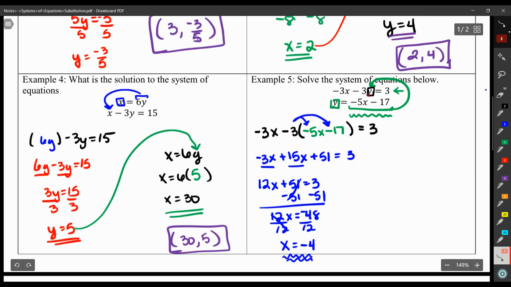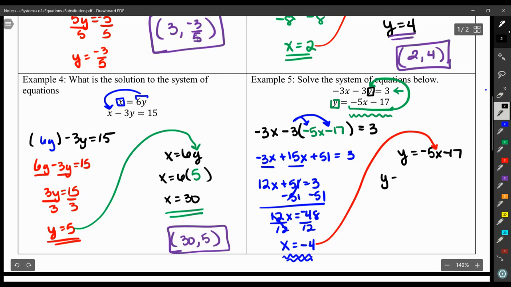And if we look at our original problem, we have that y is the same as negative 5 times x minus 17. So I can use this to help me find the value of y. So now we're going to take the x value of negative 4 and plug that back into one of the original equations in order to find the value of y.